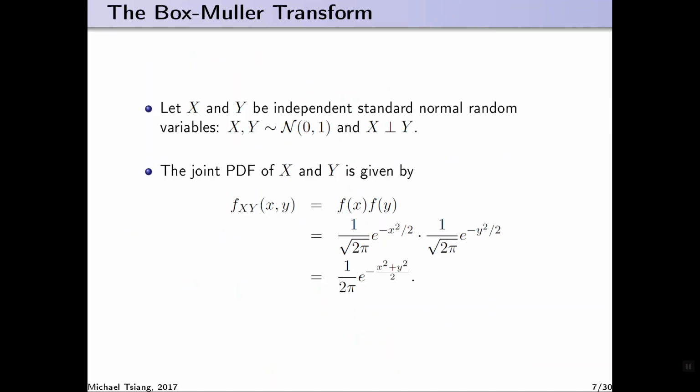Because they are independent, if we want the joint distribution, all we have to do is multiply the PDF of x and the PDF of y. For the standard normal, the PDF of x is 1 over root 2 pi e to the negative x squared over 2, and the PDF for y is 1 over root 2 pi e to the negative y squared over 2, okay?